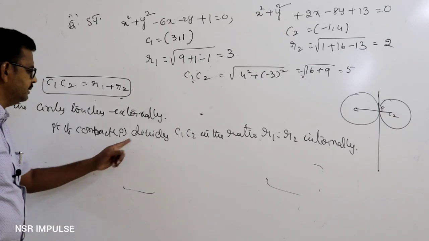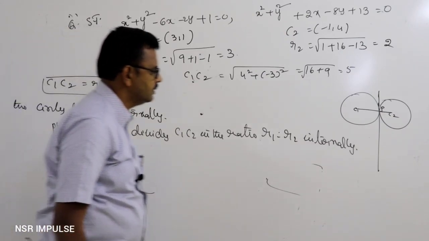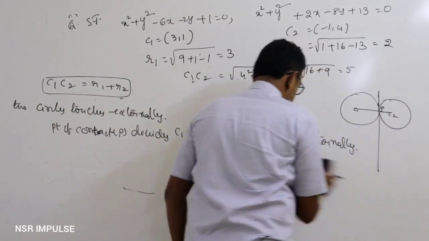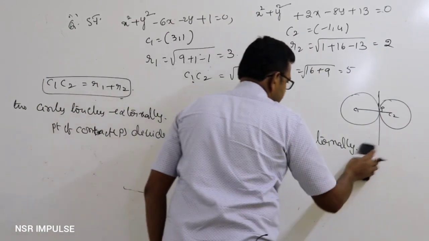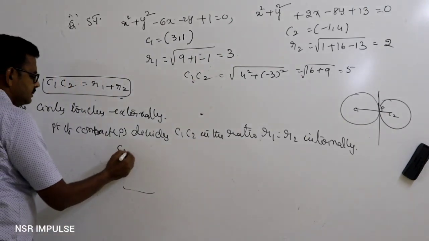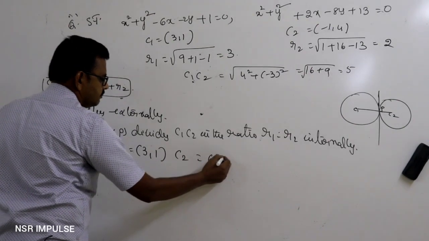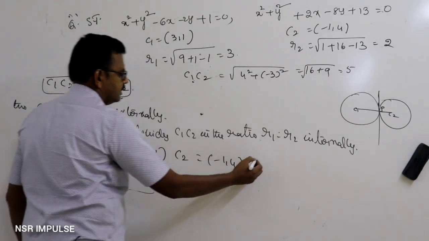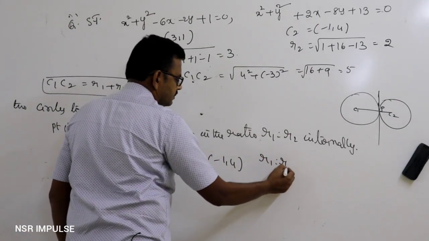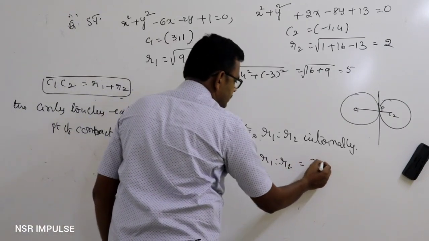Point of contact P divides C1C2 in the ratio R1 is to R2 internally, where C1 is (3, 1) and C2 is (-1, 4), and R1 is to R2 is equal to 3 is to 2.